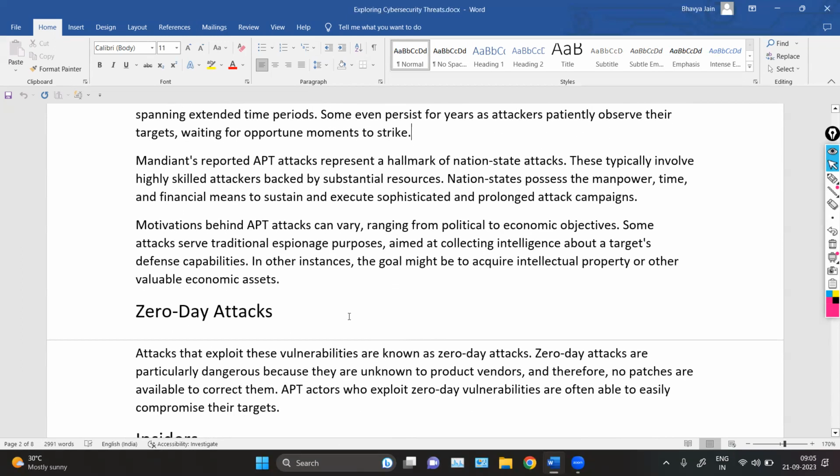Mandiant's reports say APT attacks represent a hallmark of nation-state attacks. That is, a nation hires hackers to hack another nation, during a war or for any other reason.